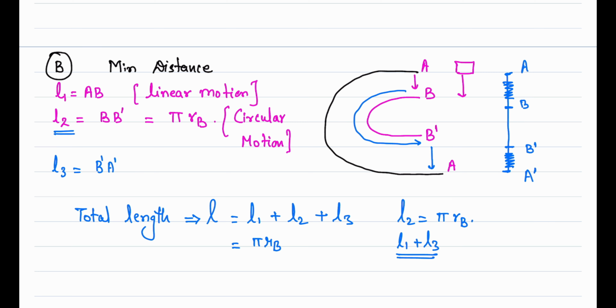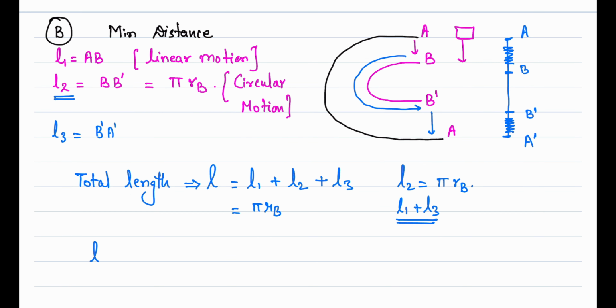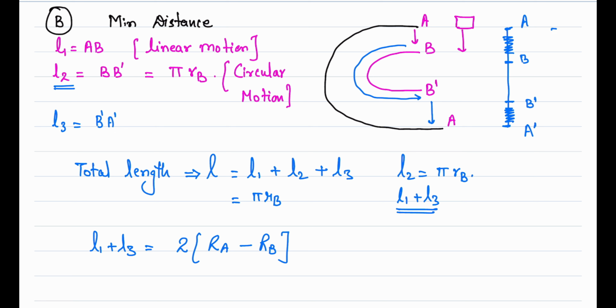Yes or no? Both are same. So can I say L1 plus L3 is equal to 2 times of radius of A minus radius of B? Yes or no? See, what is this? We have this radius of A.